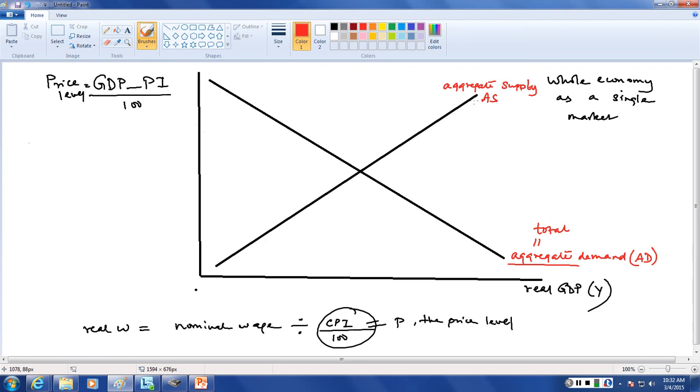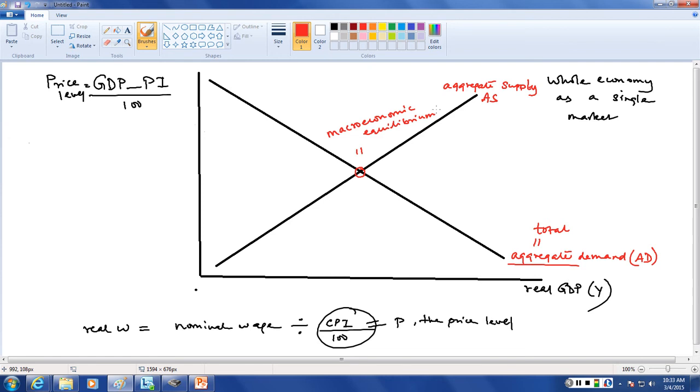Now, where do we have equilibrium in this macroeconomy? We have equilibrium, as always, where the two curves intersect. So this is where we're going to have macroeconomic equilibrium.